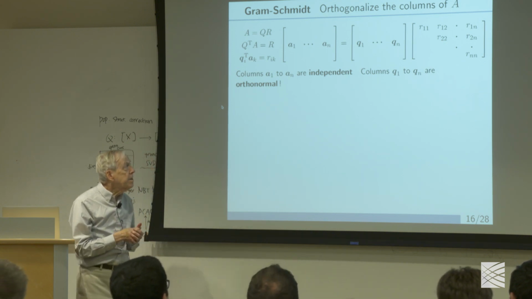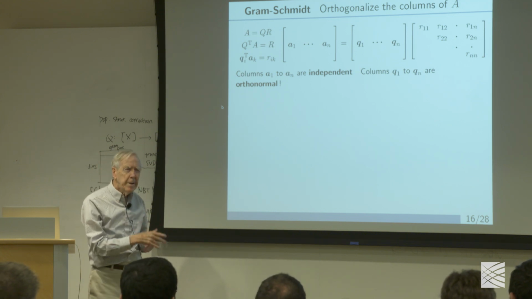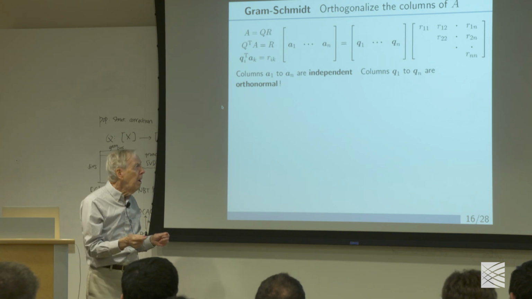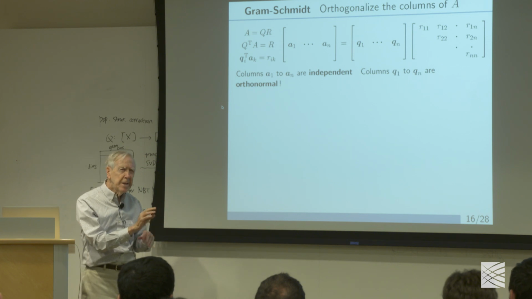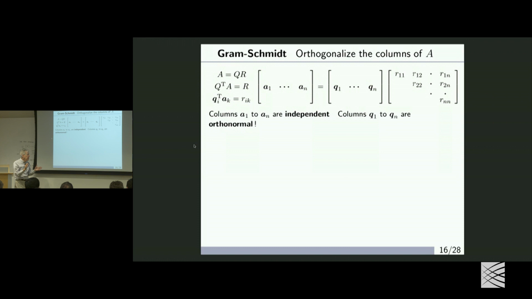That's twice as expensive as elimination, but elimination and QR, orthogonalization, Gram-Schmidt, those are operations on matrices that, in principle, you could get exactly right in a finite number of steps.